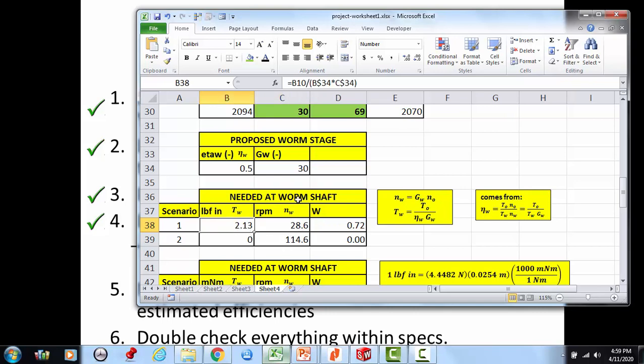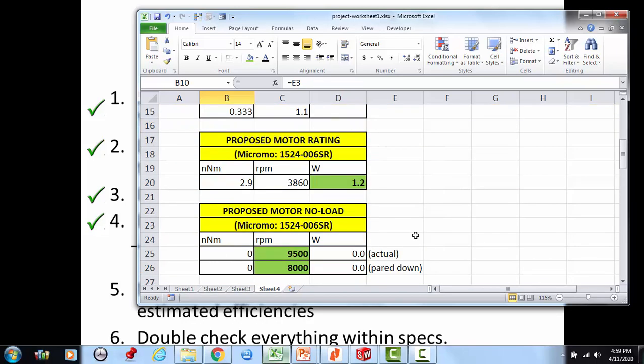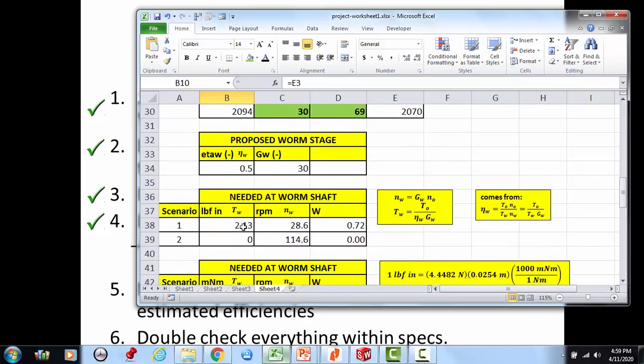And then for the loaded one, what we're going to do there is we're going to look at the torque on the worm itself, which is going to be equal to the output torque for both of the worm gears, divided by the efficiency times the gear ratio. So the torque is going to be considerably less than the 32 that we needed, but you also have to account for the inefficiencies as well.